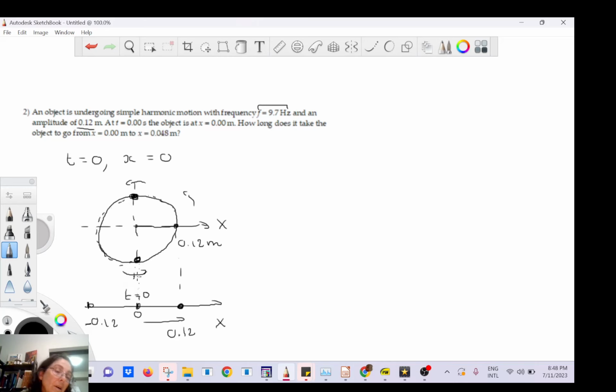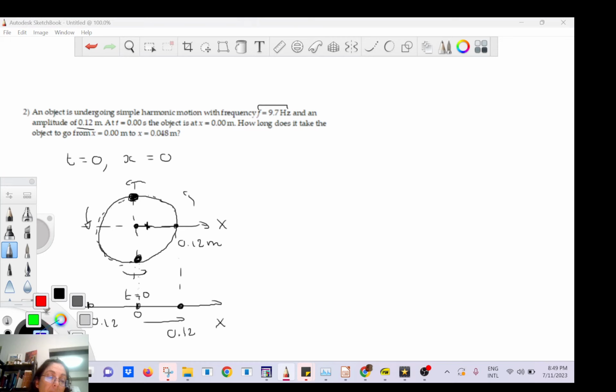Okay, so you have the easy way and the long way to do it. At t equals 0, it's either here or there. But it says how long does it take the object to go from x equals 0 to 0.048. So 0.048, it's somewhere there.